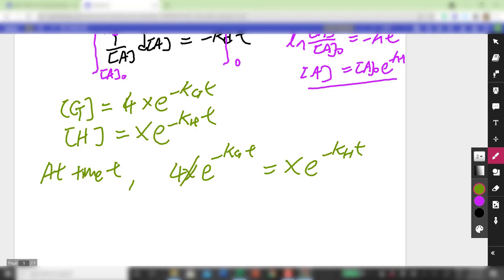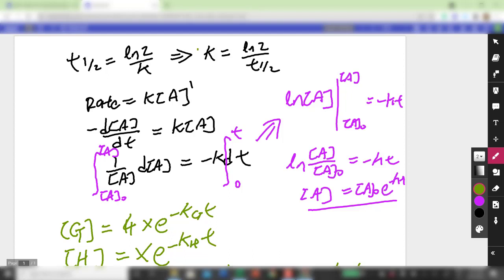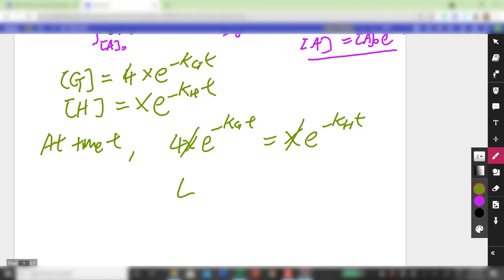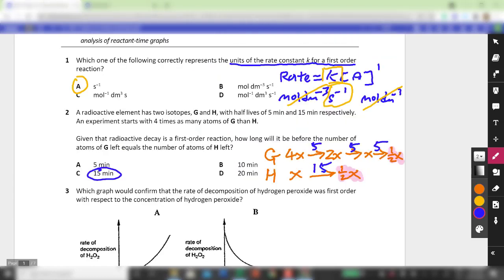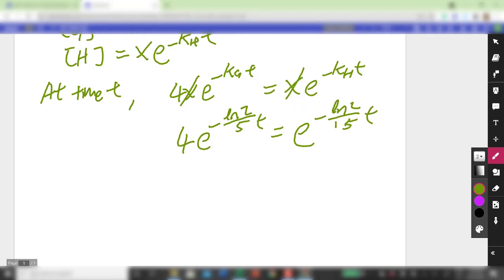You know that x can be cancelled off. And of course, you can easily work out kg. The half-life of G is 5 minutes, so kg is ln 2 over 5, and this gives 4 e to the power minus ln 2 over 5 times t, equals e to the power minus ln 2 over 15 times t.